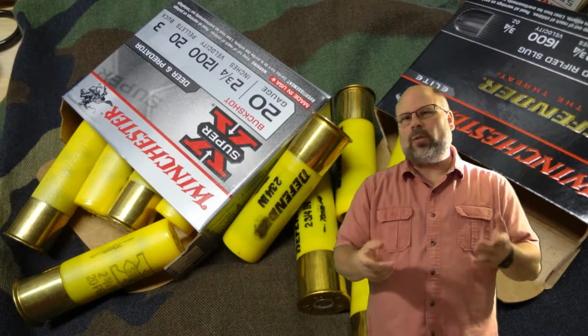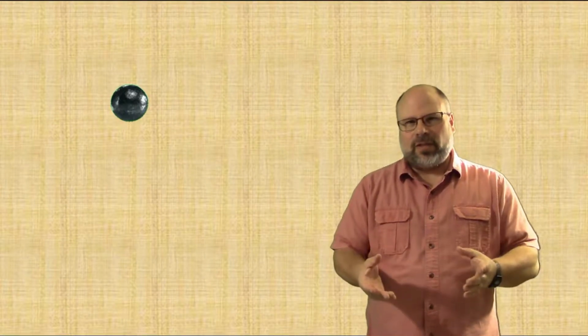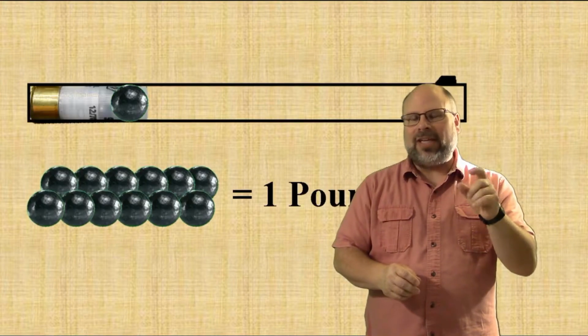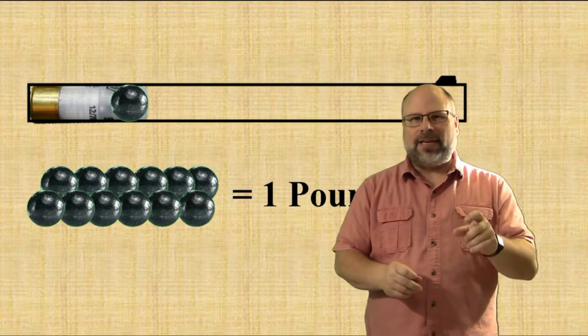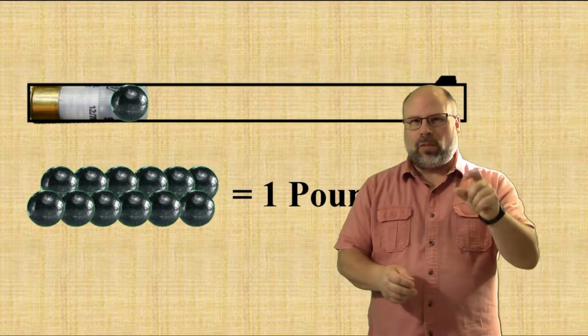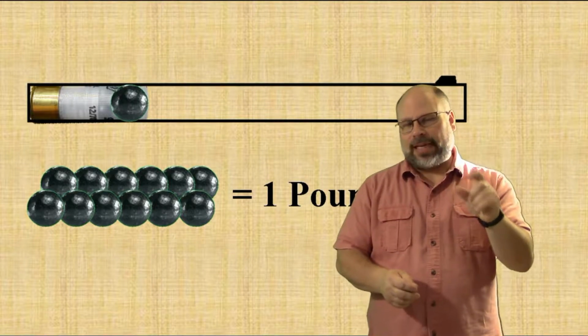Well, that ball, they were just lead round balls during that period. And the size of the shotgun was determined on how many of those balls that would fit the bore it would take to make a pound of lead. And so basically a 12 gauge, it took 12 of those sized balls to equal a pound.